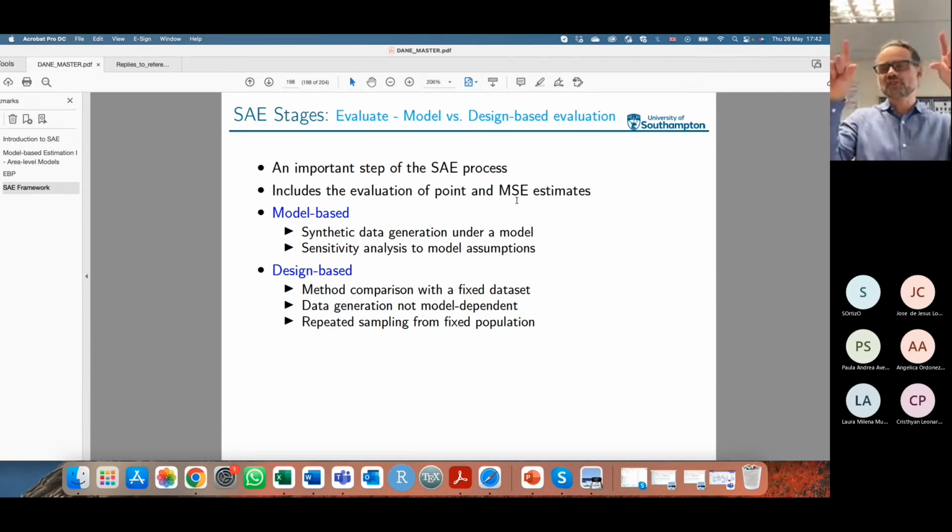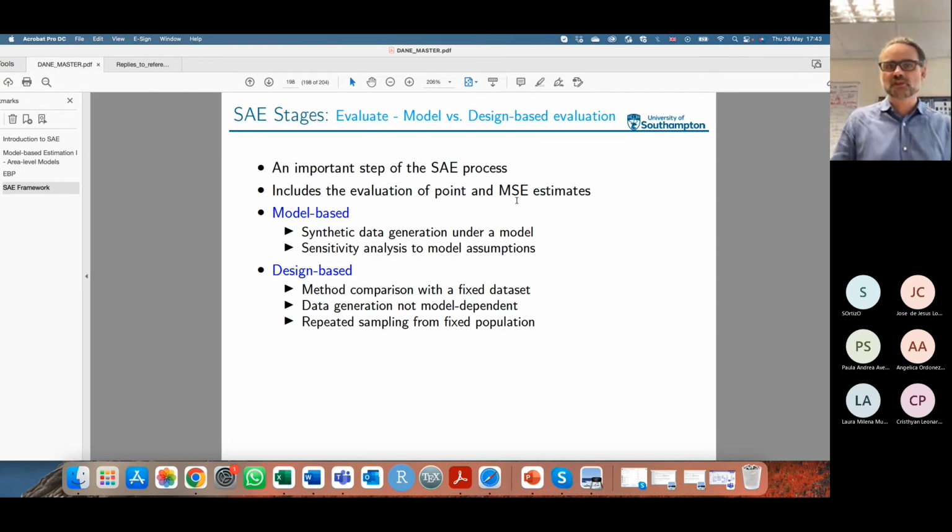And both these sets of estimates have properties, and you can use a model-based or a design-based evaluation framework to study these properties empirically. I mean, people have studied the properties of methods also in an asymptotic framework, but as the methods become more and more complex, then we rely also on empirical methods in order to assess the empirical properties with finite samples.